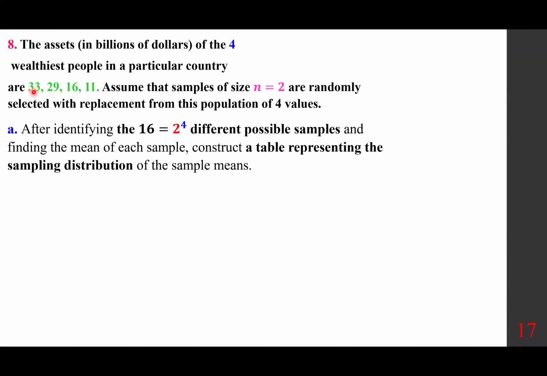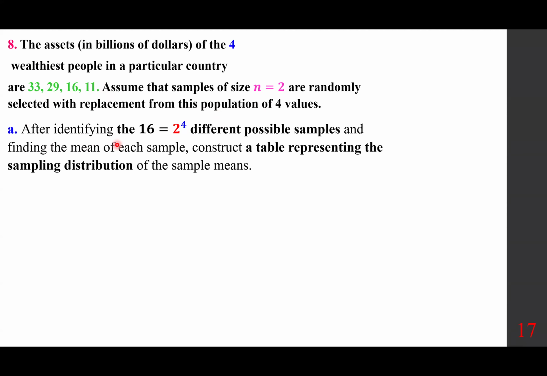For example, 33, again, because it's with replacement, that means 33 and 33, 33 and 29, 33 and 16, 33 and 11. Then we go to 29, 29 with 33, 29 with 29, 29 with 16, 29 with 11, and all the way to the end. That results in 4 to the power 2, or 16, different possible samples.